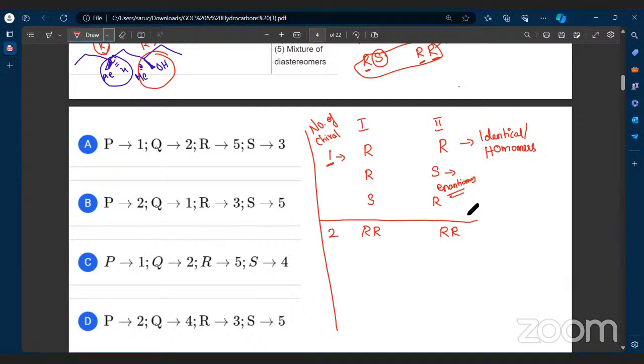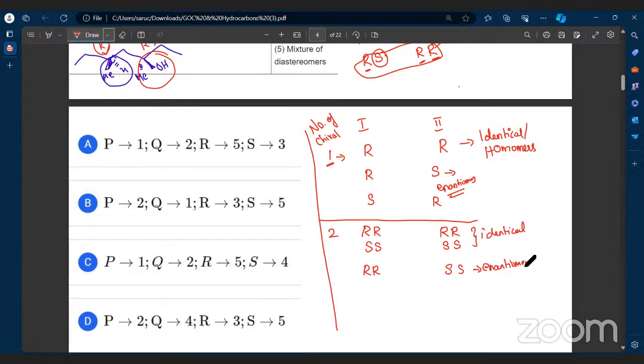When it is SS and here too it is SS, these are identical isomers. Now if you have RR and there is inversion on both, then it is said to be an enantiomer.